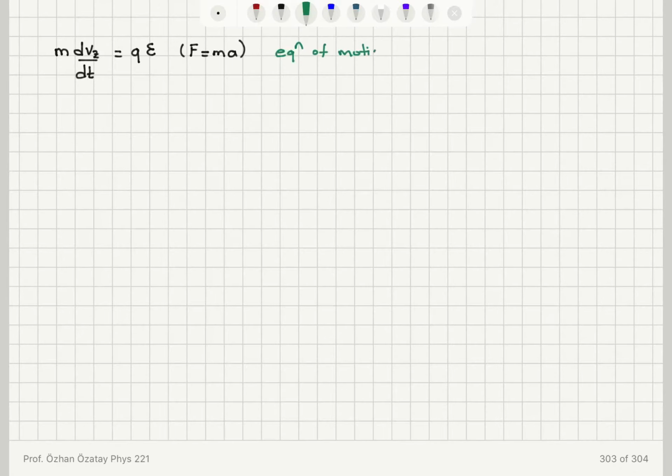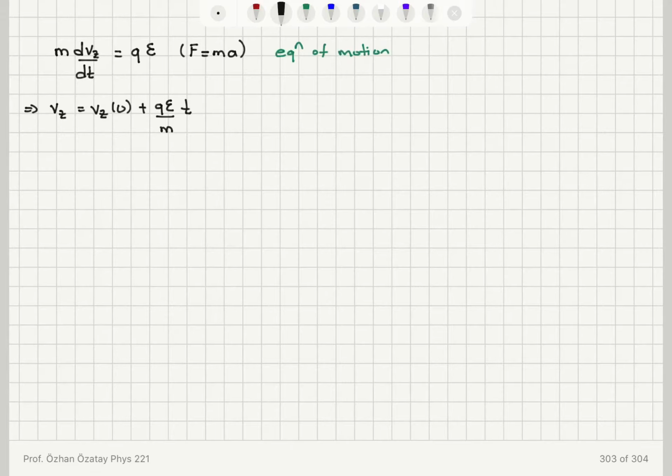The solution to this equation for the z component of its velocity is vz at time t equal to 0 plus q epsilon over m t. Well, if you take a derivative with respect to time, you will see that dvz/dt will be q epsilon over m. So indeed, this is the case.